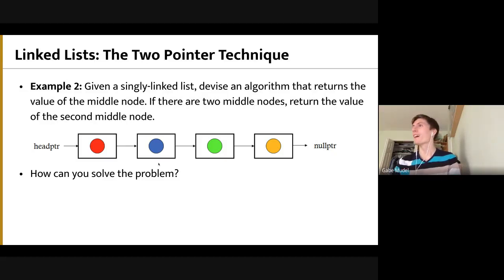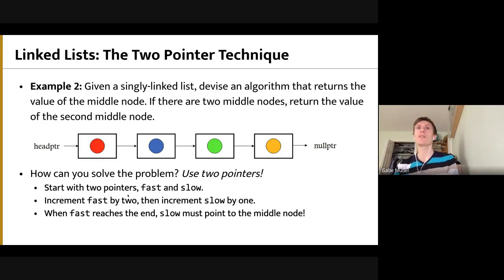Good job. Yeah, so this is another two-pointer problem, as you can probably figure out by the title. What's going to happen here is that by having one fast node and one slow node, by the time the fast node, which is going to be twice as fast as our slow node, reaches the end of our list, our slow node will be exactly halfway to the end of our list.